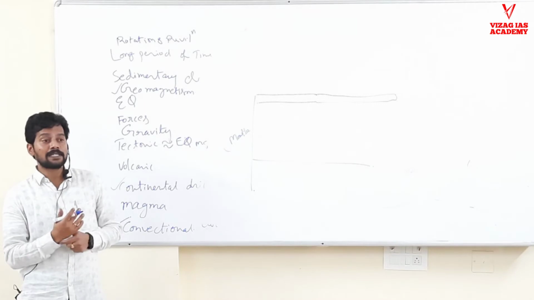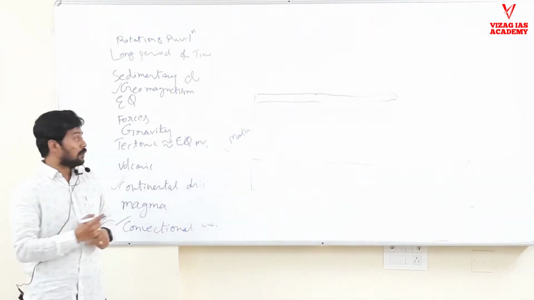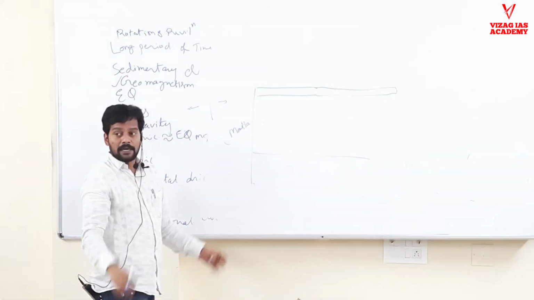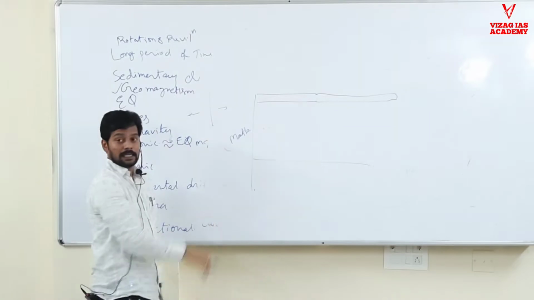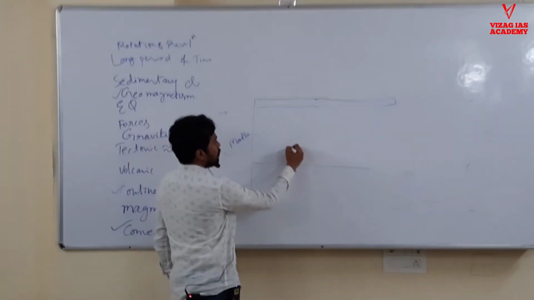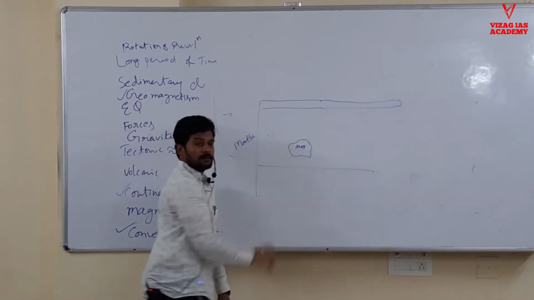Okay. How will a divergent boundary be created? Seafloor spreading, I told you there is a ridge, and on this side and this side it is spreading. How are they coming? Inside the earth, let us assume magma is created in some chamber, a magma chamber.